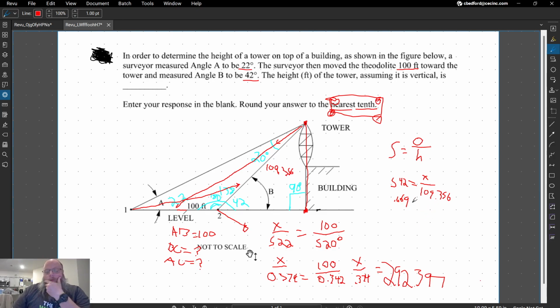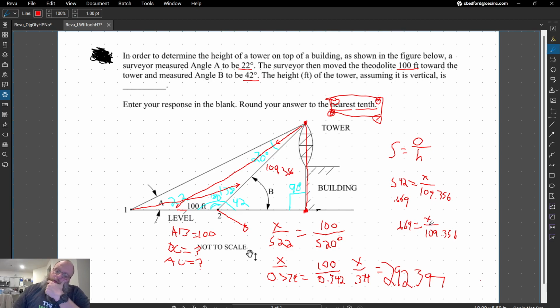All right, so now what we actually have is 0.669 is equal to x over 109.356.